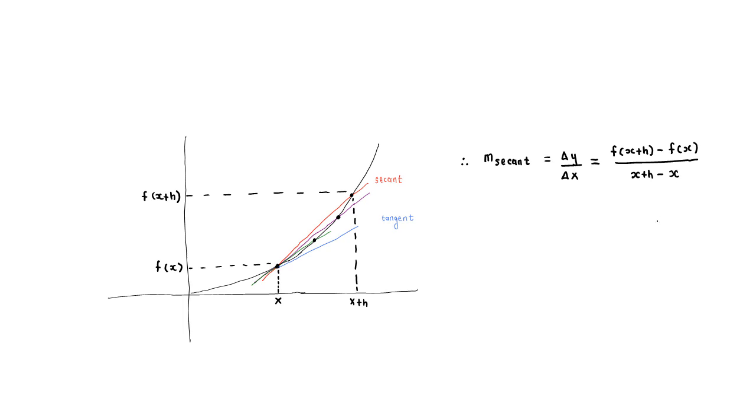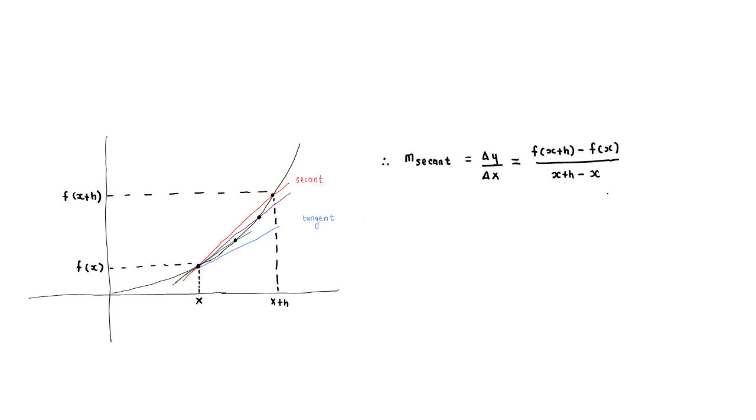So we have our change in y over a change in x, and we can simplify this to f of x plus h minus f of x, divided by, well, the x's will cancel out, just simply h. So that's the gradient of a secant line.